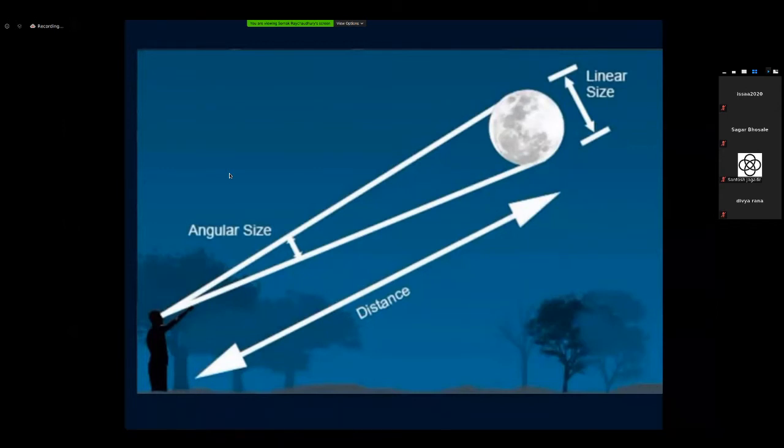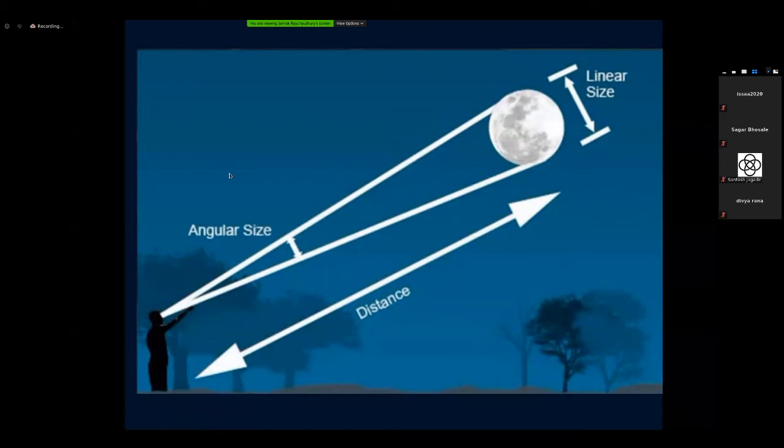So when I say there are 2 stars in the sky, I say they are a degree apart or 3 minutes of arc apart. Apart on the sky does not mean I'm measuring in parsecs, I'm measuring in angles. And of course, the relation between linear size and angular size is given here.